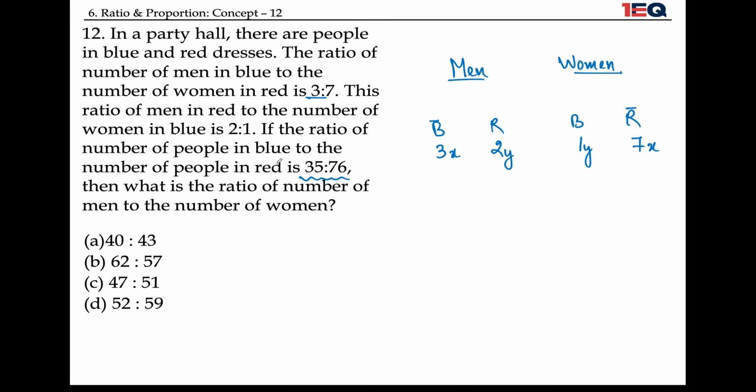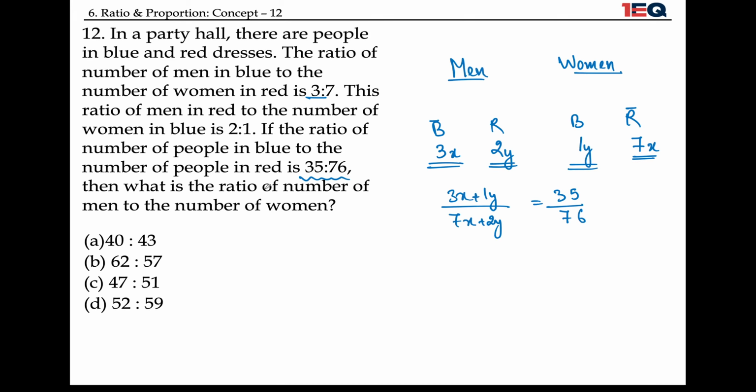If the ratio of the number of people in blue to the number of people in red, let me add up the number of people in blue, which is equal to 3x plus 1y, and the same ratio is to the number of people in red, which is 7x plus 2y, is equal to 35 is to 76.